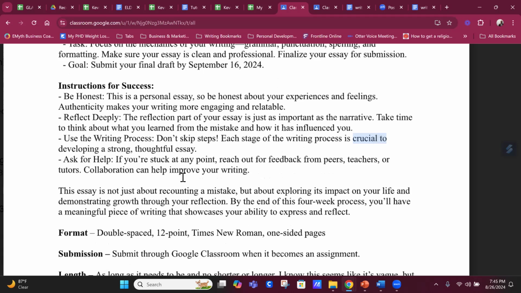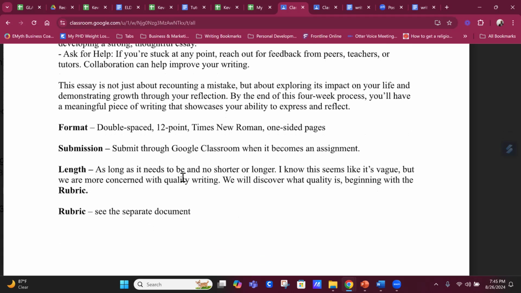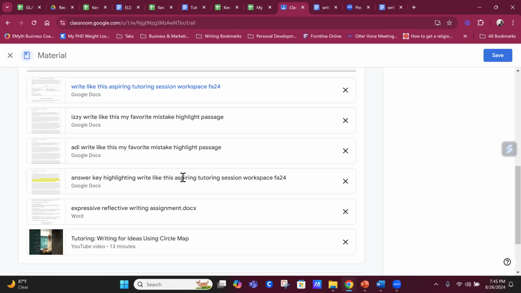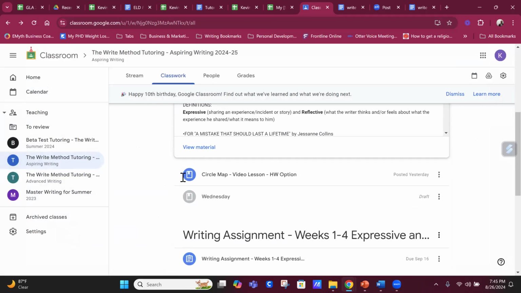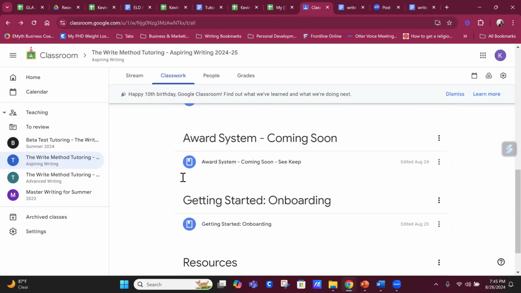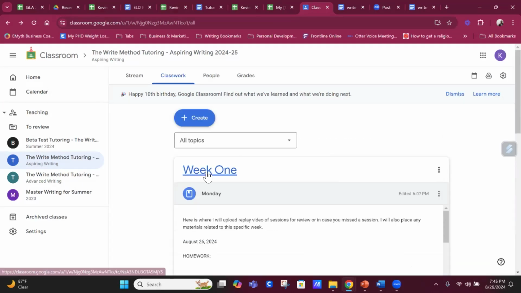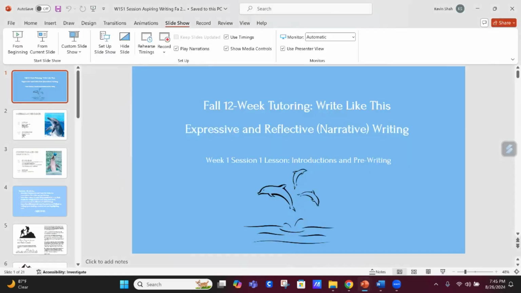Then there are instructions for success, which you would want to read through. Finally, there are the particulars: format, the submission, the length, and the rubric. The rubric is also going to be provided. And I will get that shortly for us. Okay.